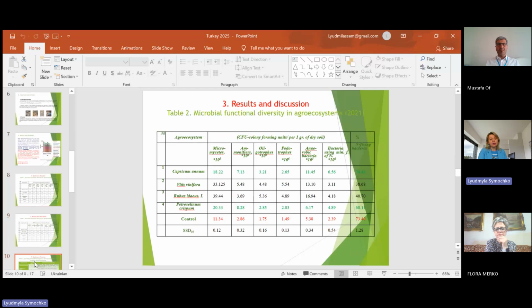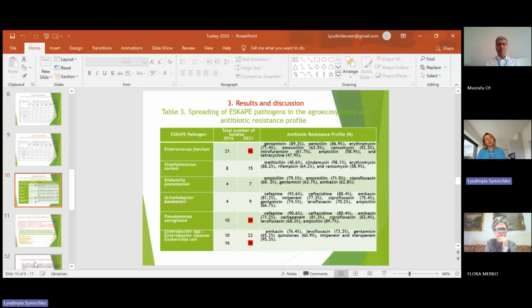And except that, the number of ESCAPE pathogens significantly increased. ESCAPE is an abbreviation, the first letters of the species, which include Enterococcus faecium, Staphylococcus aureus, Klebsiella pneumoniae, Acinetobacter baumannii, Pseudomonas aeruginosa, and Enterobacter species, including Enterobacter cloacae and Escherichia coli.